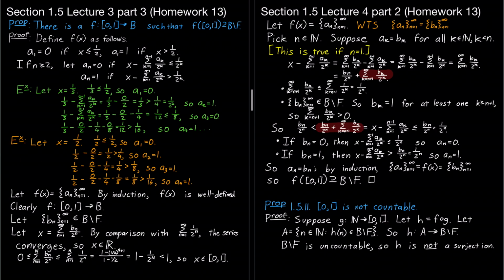But remember, g covers everything in B minus F. So everything in B minus F has a pre-image in 0, 1. So that means g is not a surjection either.